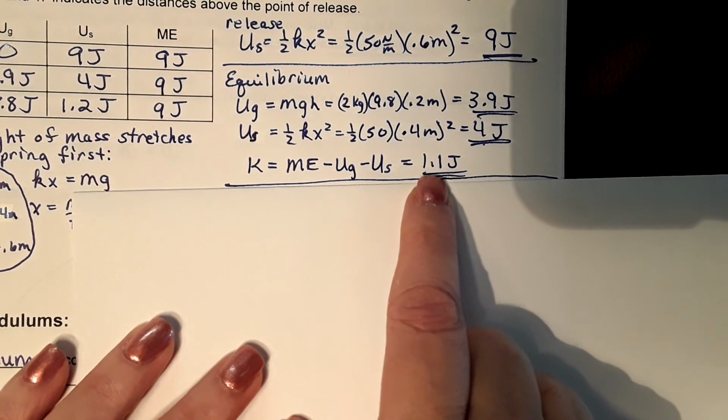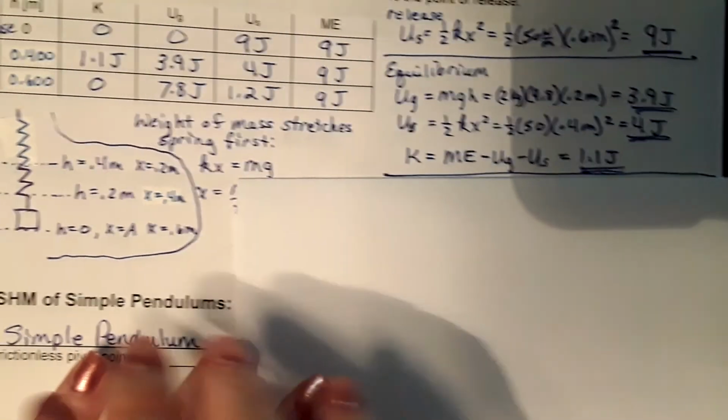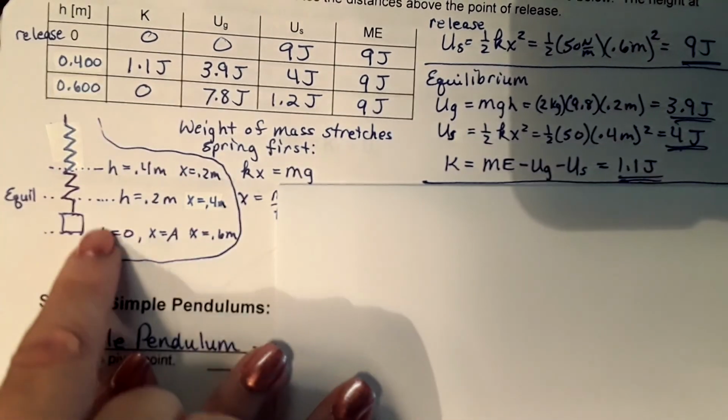Now, if you wanted to know the speed of the spring when it goes through the equilibrium point, you can use the 1.1 joules in the mass to find the speed. That's kind of cool.